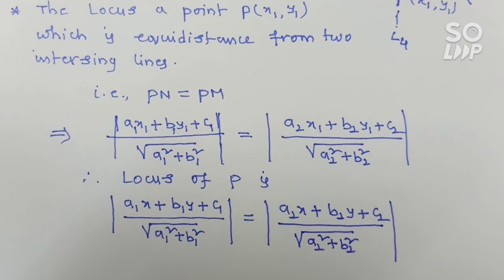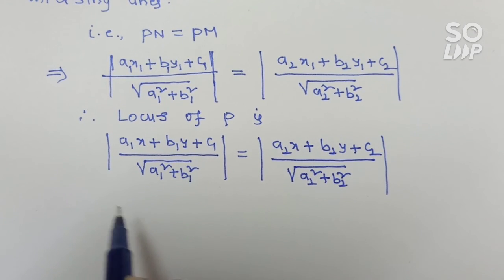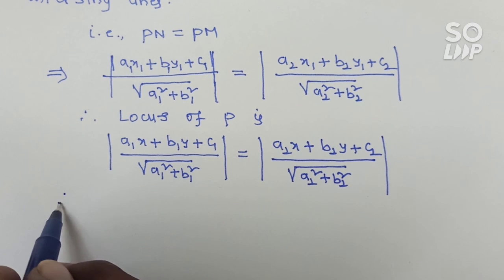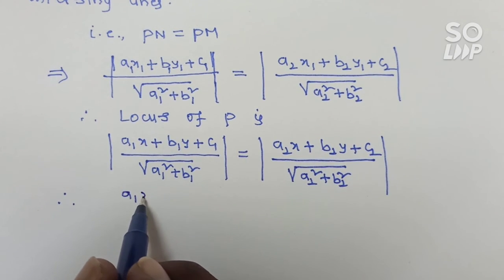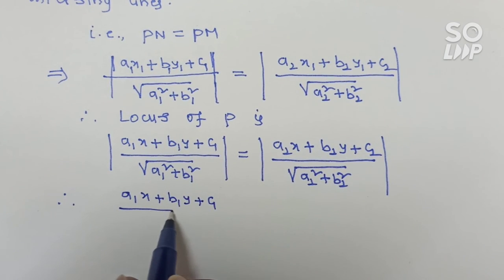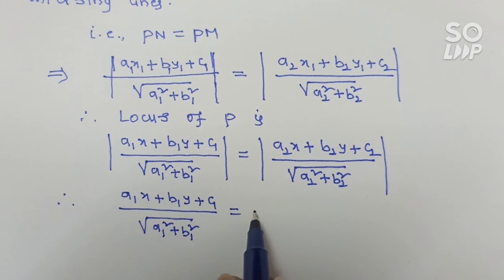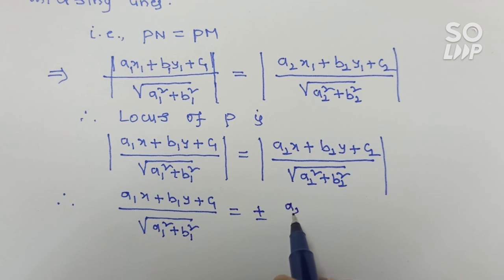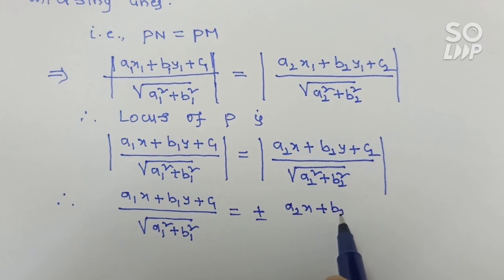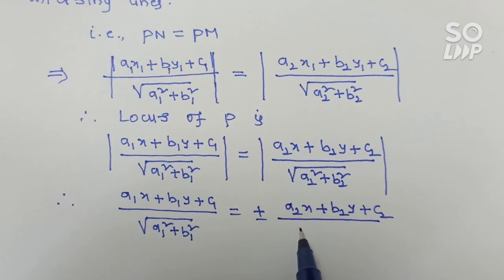Now this expression is in the form of modulus of X equals modulus of Y. So we can write a1 x plus b1 y plus c1, whole divided by root of a1 square plus b1 square, equals plus or minus a2 x plus b2 y plus c2, whole divided by root of a2 square plus b2 square.